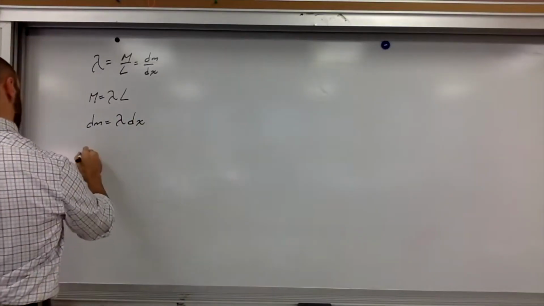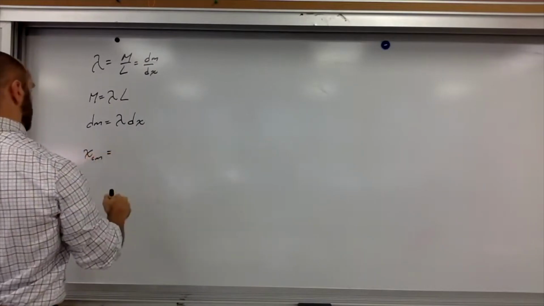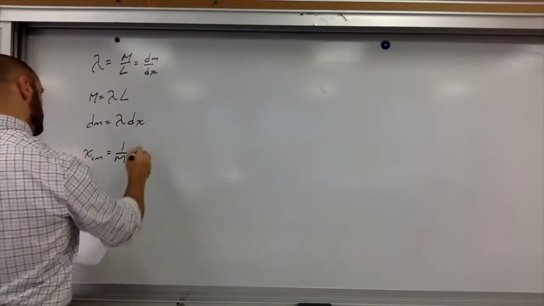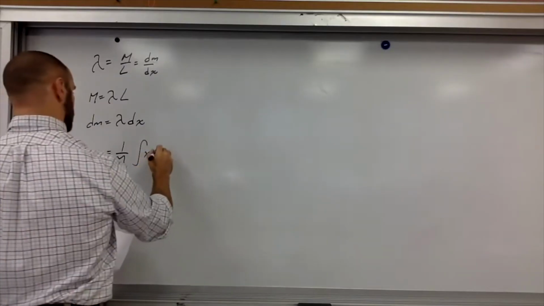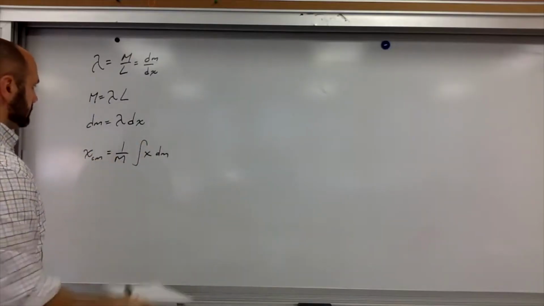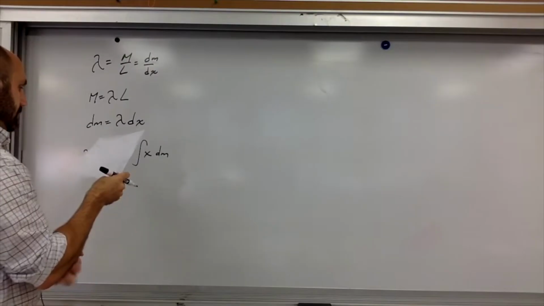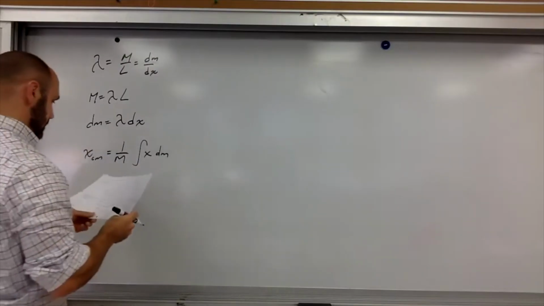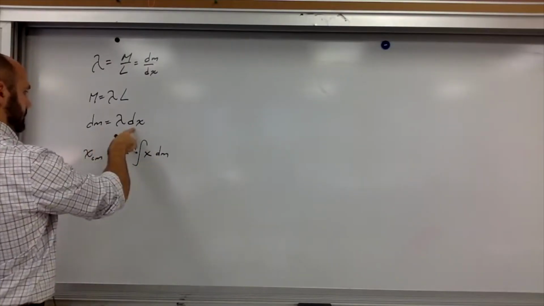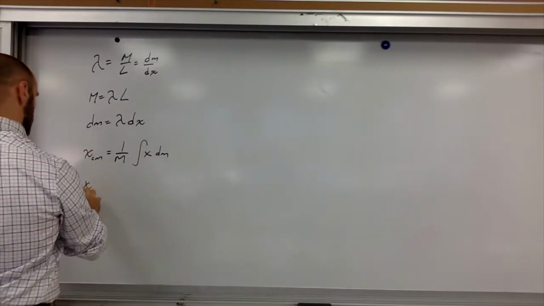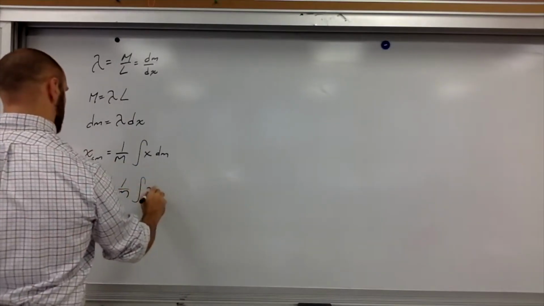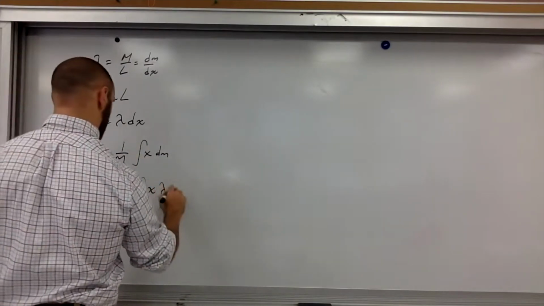So now I have these two equations. If I want the center of mass, I get that by taking 1 over big M times the integral of x dm. This is our formula. Instead of dm, I know dm is equal to lambda dx, so x_cm is 1 over M times the integral of x lambda dx.